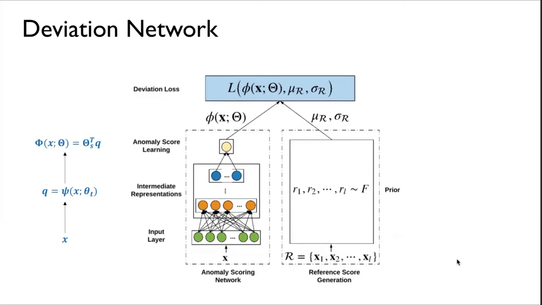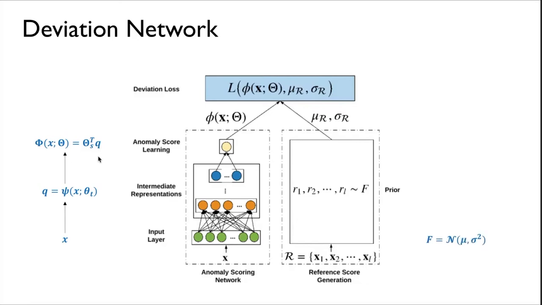And then given this intermediate representation Q, the score is defined as the linear regression value, basically the inner product between the model parameter theta S and the intermediate representation Q.